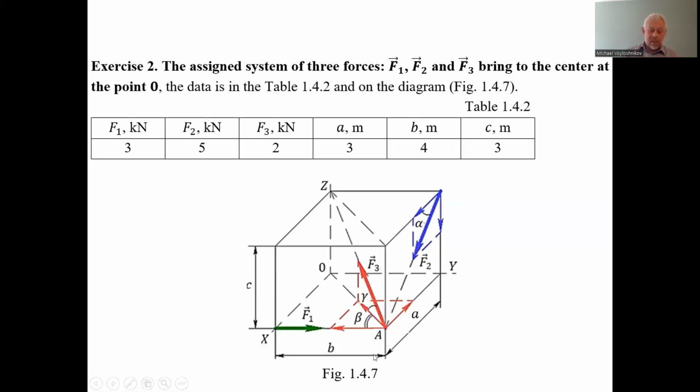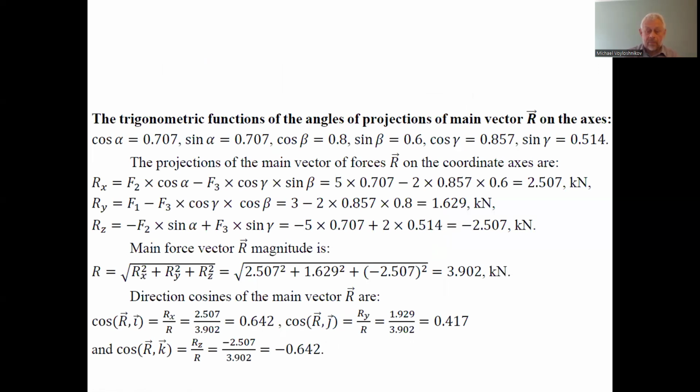So the sine of angle beta is the ratio of 3 meters to the 5 meter diagonal. Sine beta is 0.6, and the cosine beta consequently 0.8. And next, we have the gamma angle.